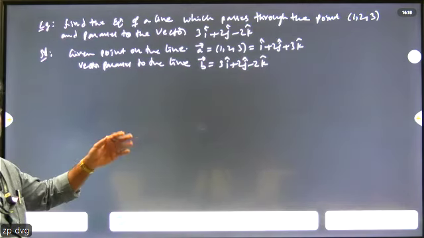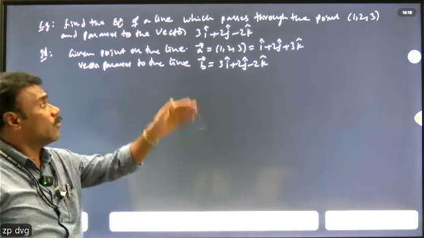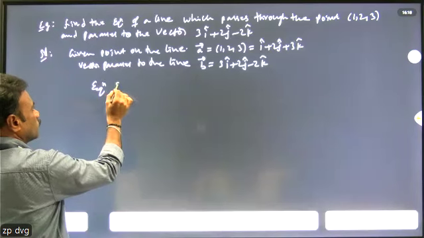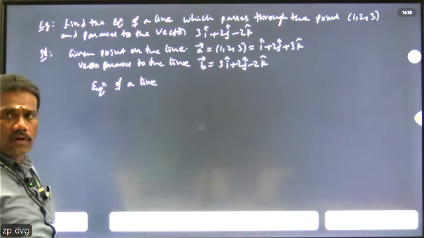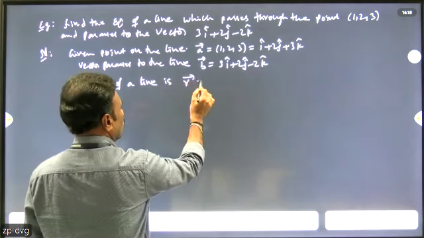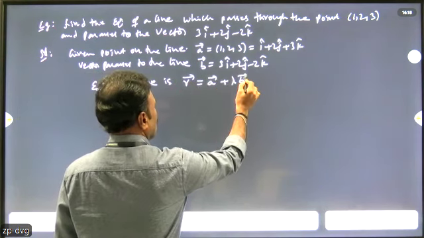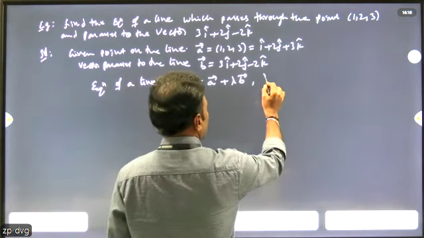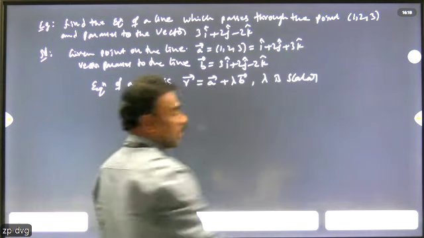Now we have to find the equation of a line passing through a point and parallel to the vector. The equation of a line in vector form is r bar is equal to a bar plus lambda b bar, where lambda is a scalar.